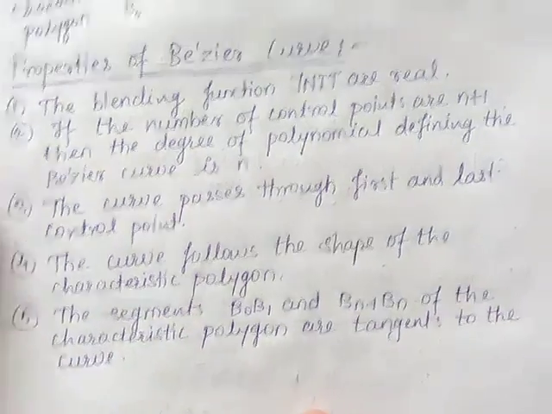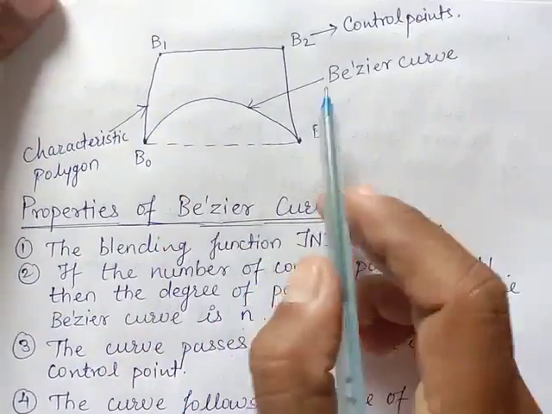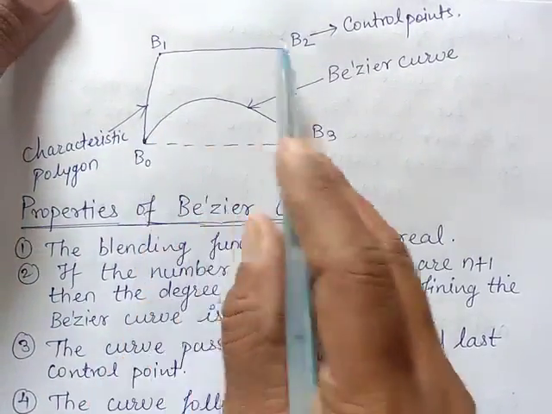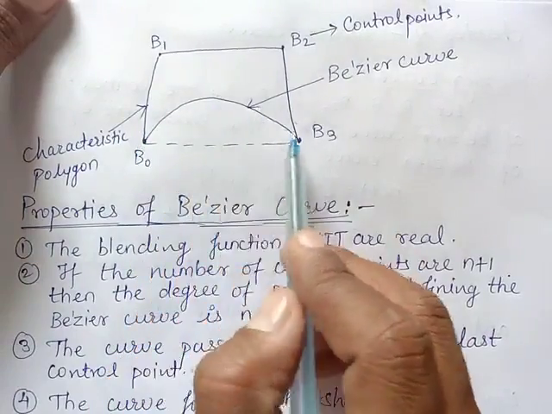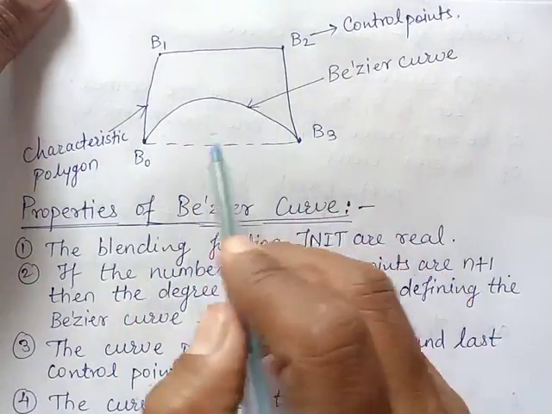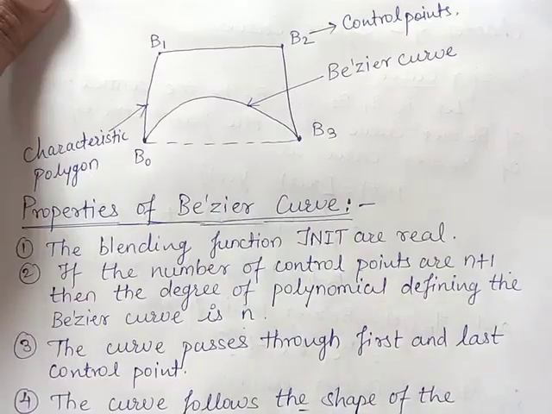Now look at here. Already I taught you this Bezier curve lies between the characteristic polygon. So it gives direction to our Bezier curve. So it follows the shape of characteristic polygon.